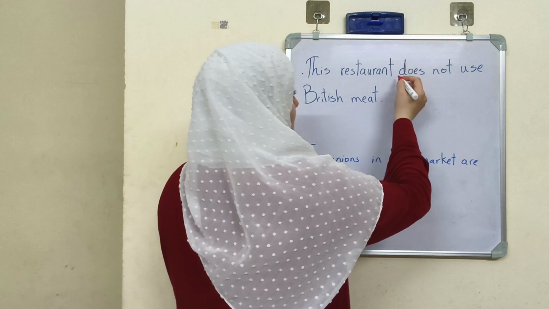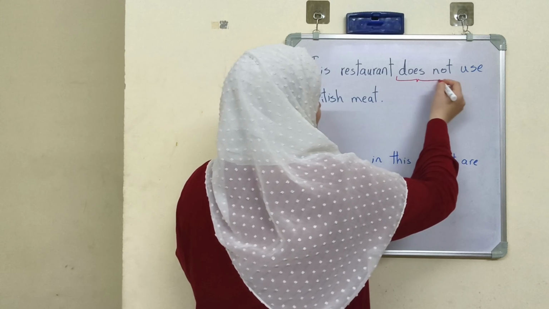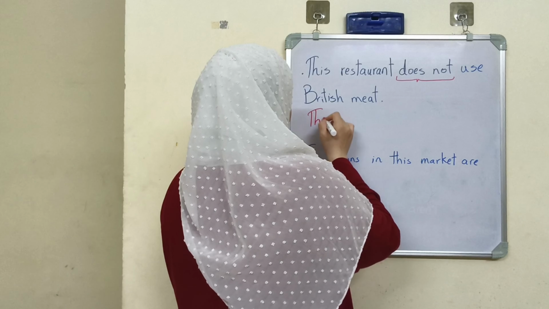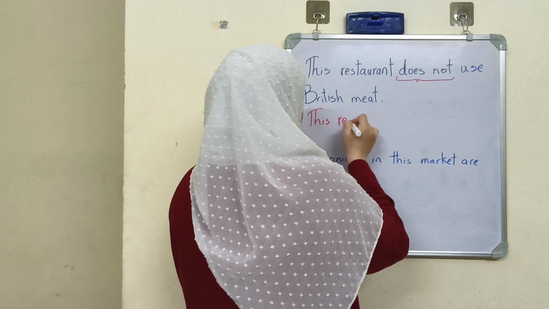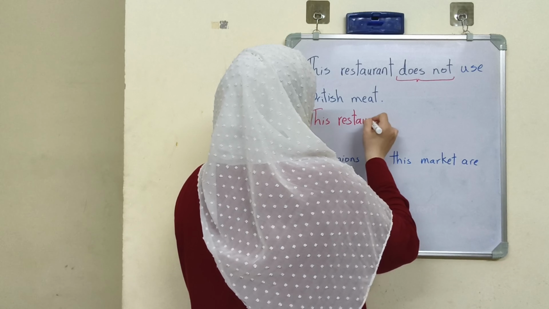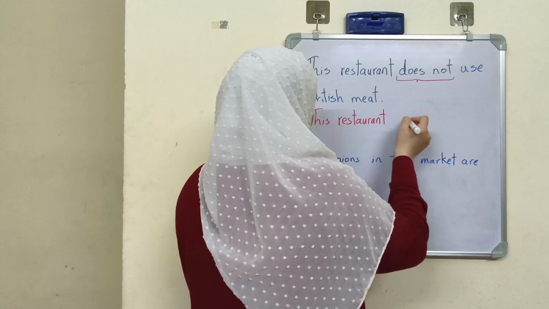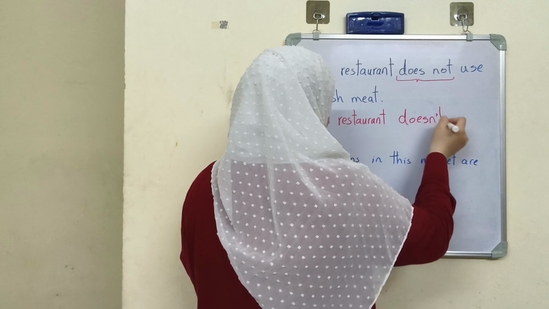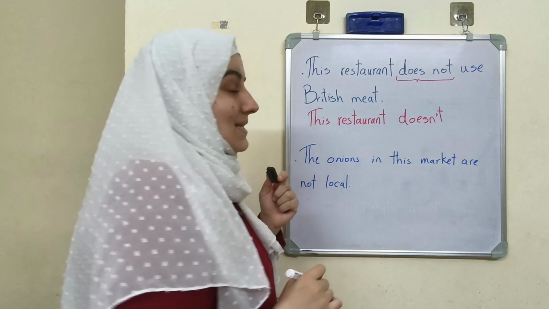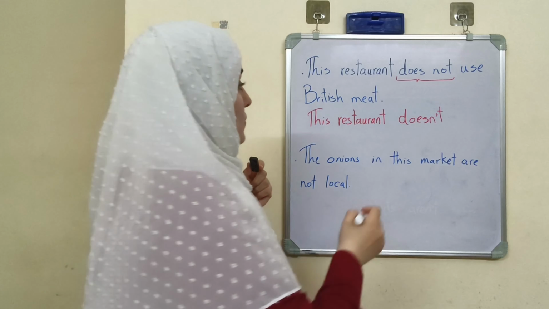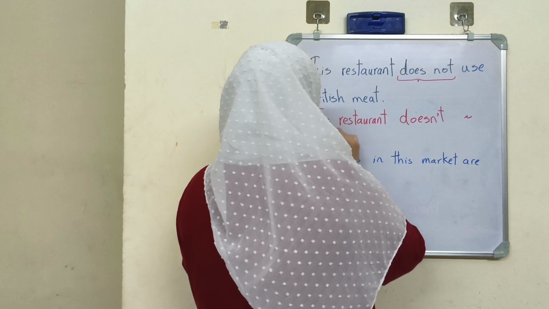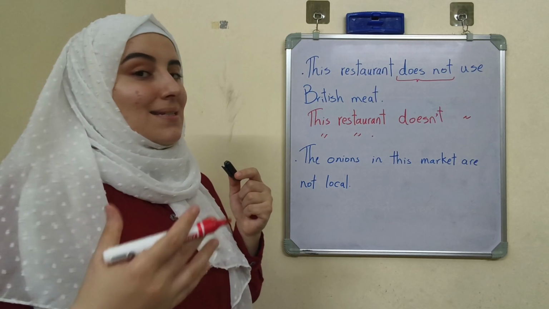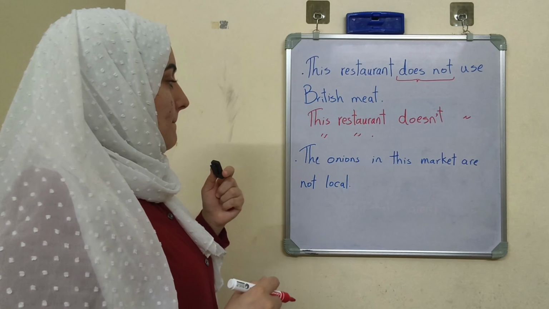Does not becomes doesn't. Let me write the beginning of the sentence. Doesn't use British meat. This restaurant doesn't use British meat.